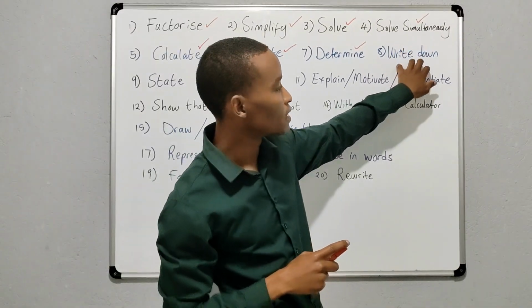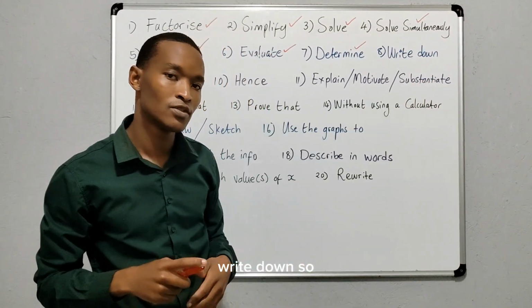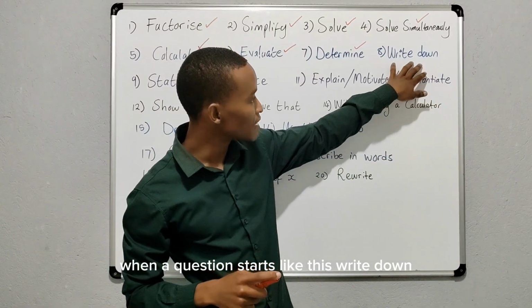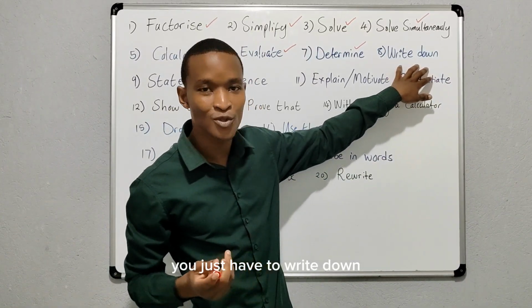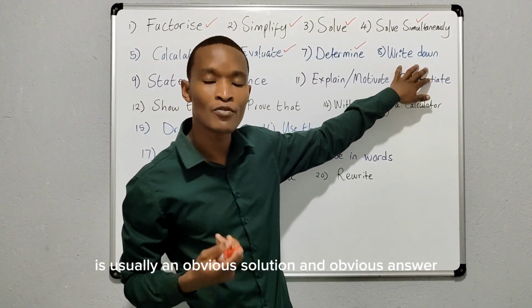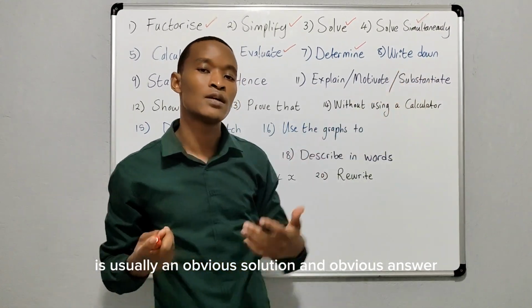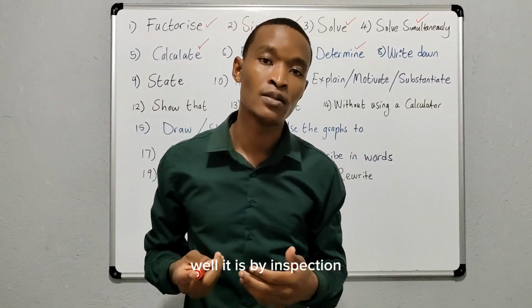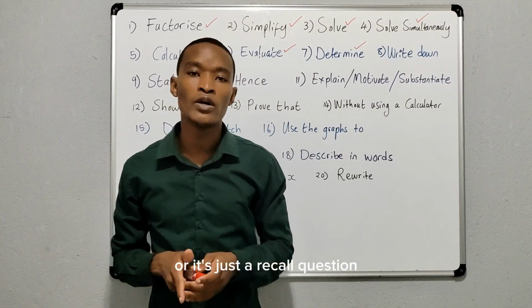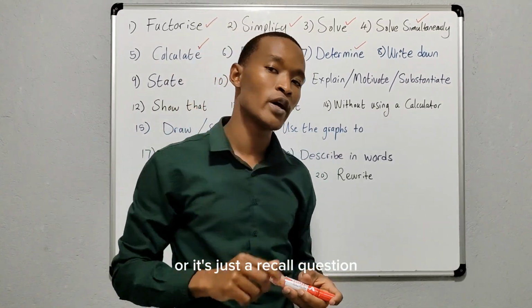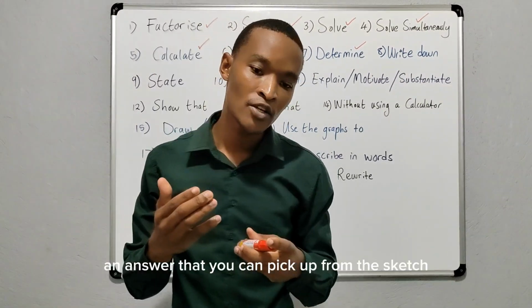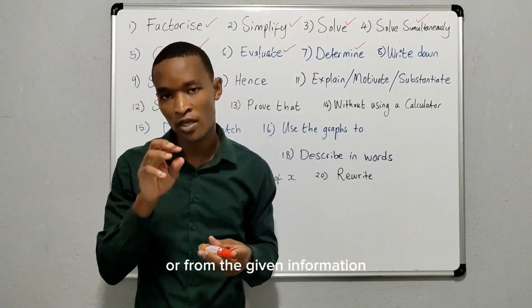Great stuff. Write down. So when the question starts like this, write down, you just have to write down. It's usually an obvious solution and an obvious answer that everybody can see. Well, it is by inspection, or it's just a recall question, or it's an answer that you can pick up from the sketch or from the given information.